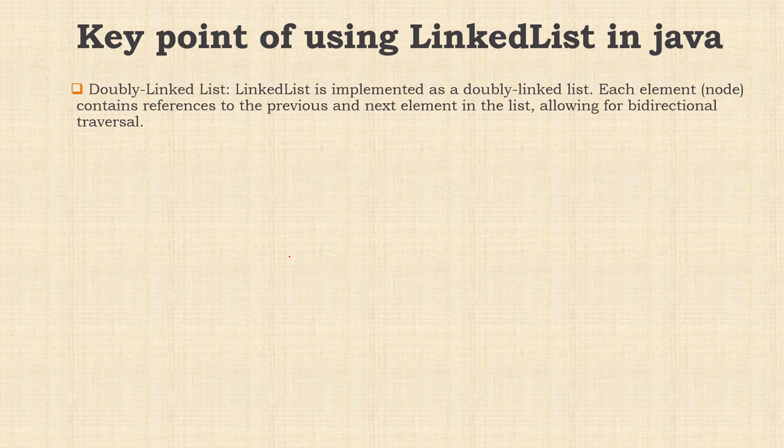Key points of using linked list in Java. Why do we use linked list in Java? Linked list is implemented as a double linked list. Each element, that means node, contains a reference to the previous and next element in the list. As I showed you in the previous slide, in a double linked list we store the reference of the previous node and the reference of the next element, allowing for bidirectional traversal.